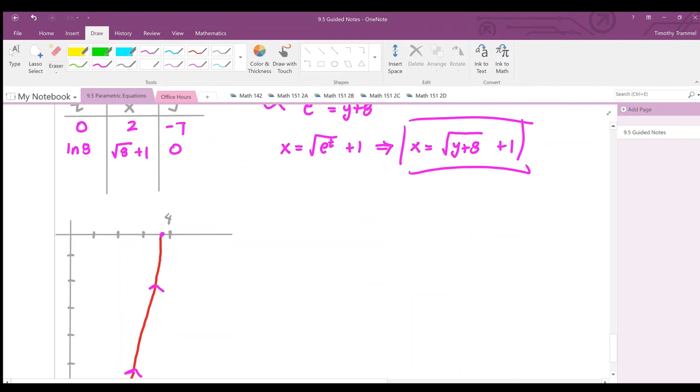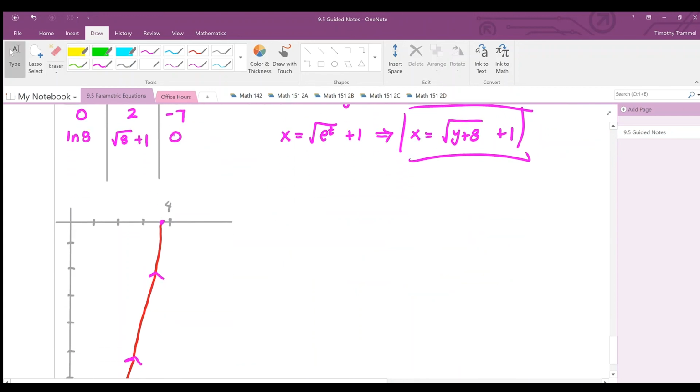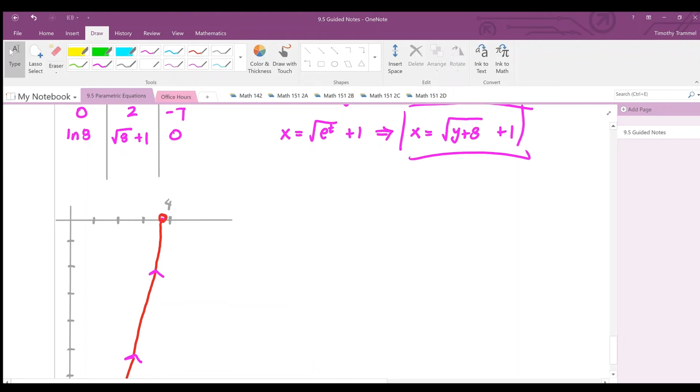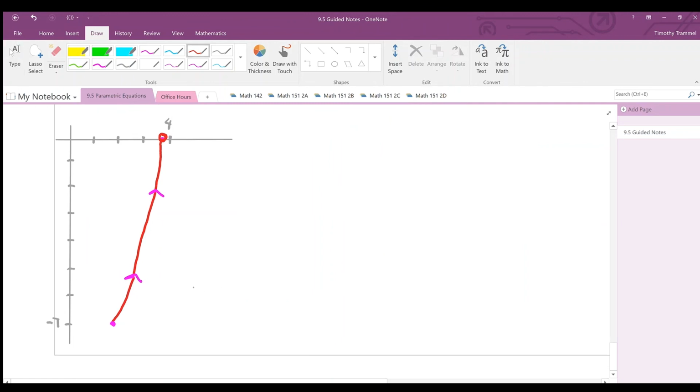They should actually be open circles, signifying that we don't actually have these points. So let's see if I can erase just the dot. I don't know if I can. It doesn't look like it. But it's what we'd want here. We'd want an open circle there on the x-axis, and we'd want an open circle down here as well.